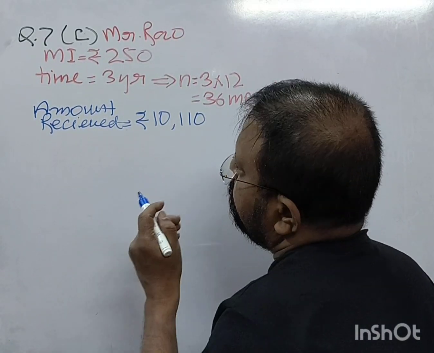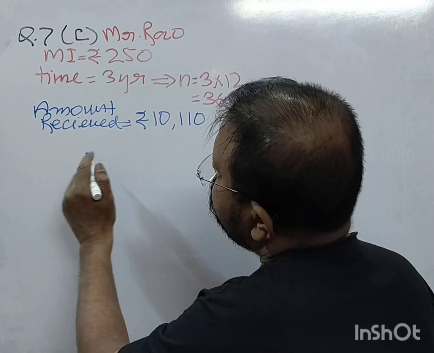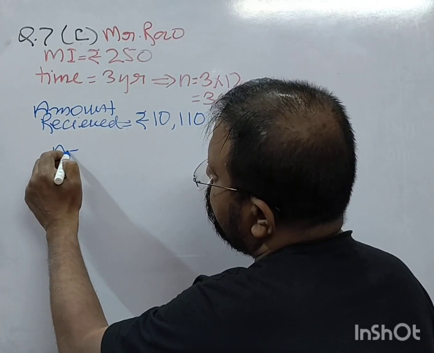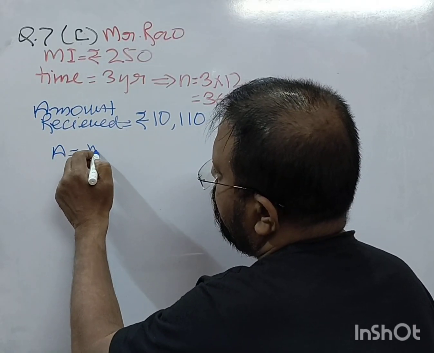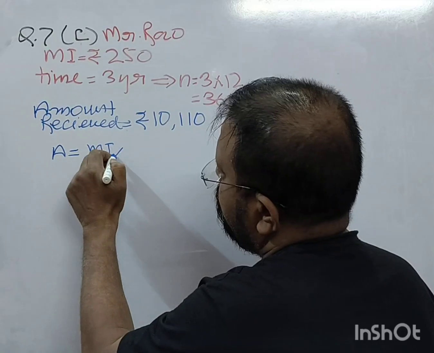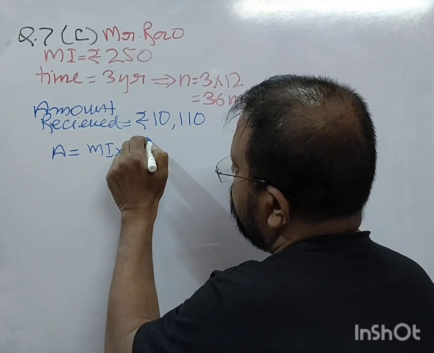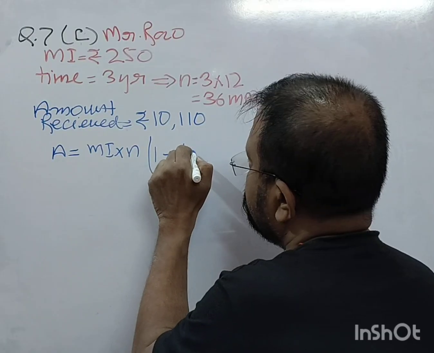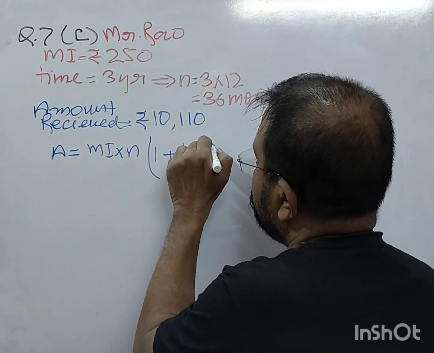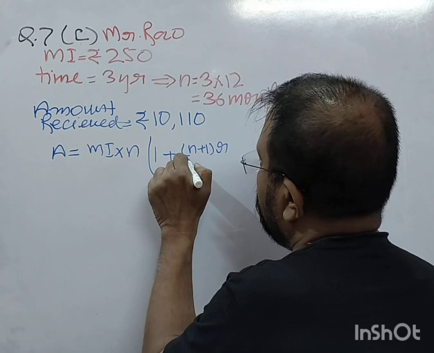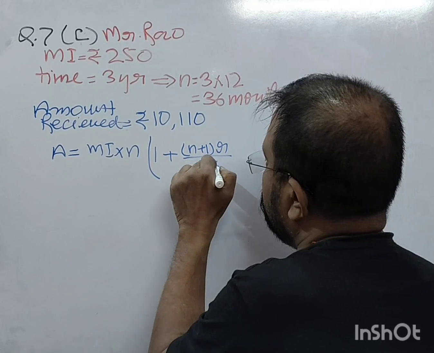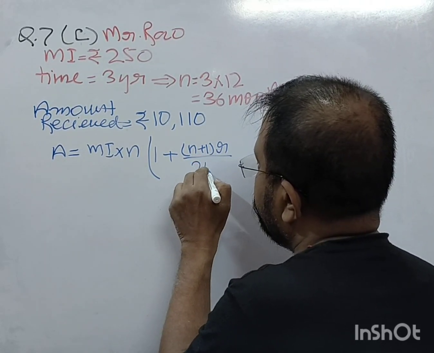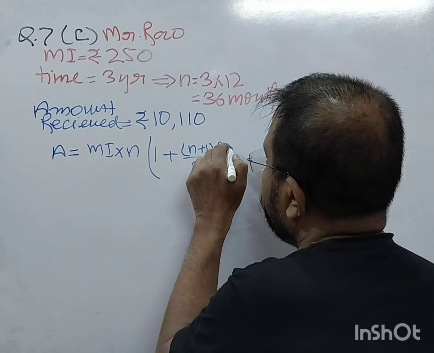So amount we know that. So we have a formula: A is equal to MI into n bracket 1 plus (n plus 1) into r upon 2,400. Right?